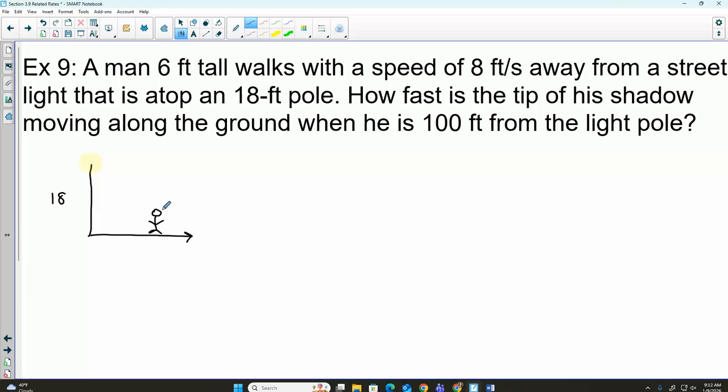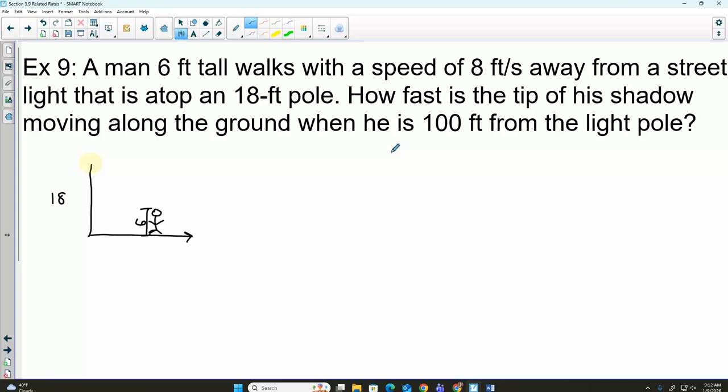And I know my man is 6 feet tall. Okay, and that's not changing, so I can go ahead and call that 6. How fast is the tip of his shadow moving along the ground when he is 100 feet from the light pole?